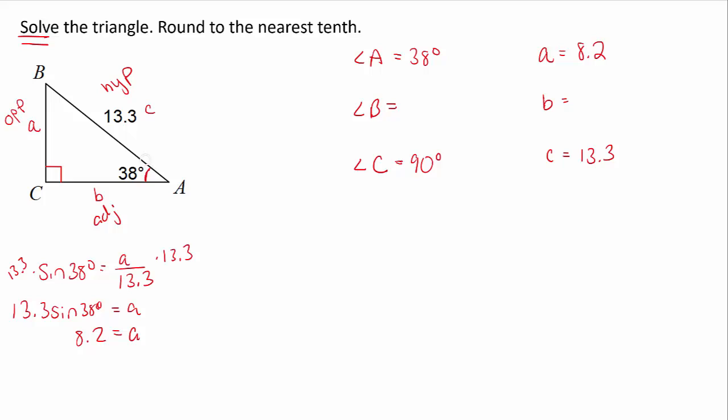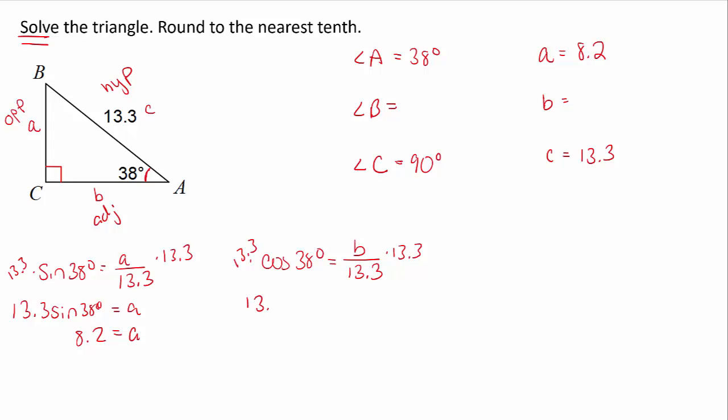Now, I'm going to use this same angle right here, but I want to find B, and B is the adjacent side, and I have the hypotenuse. So I'm going to say cosine of 38 degrees is equal to adjacent, which is B, over hypotenuse, which is still 13.3. Again, I'm going to multiply both sides by 13.3.